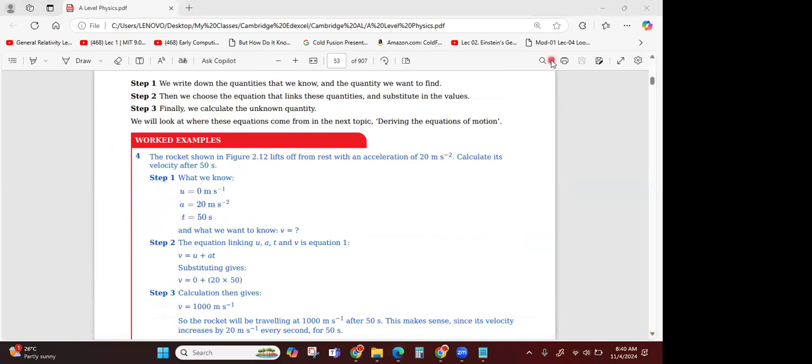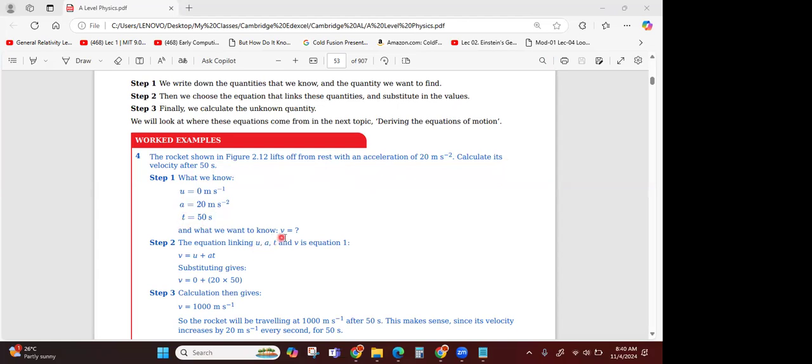The rocket shown in figure 2.12 lifts off from rest with an acceleration of 20 meters per second squared. Calculate its velocity after 50 seconds. So first you can figure out what information they have given. From rest, that means initial velocity is 0, u equals 0. Acceleration is given as 20, and time is 50 seconds.